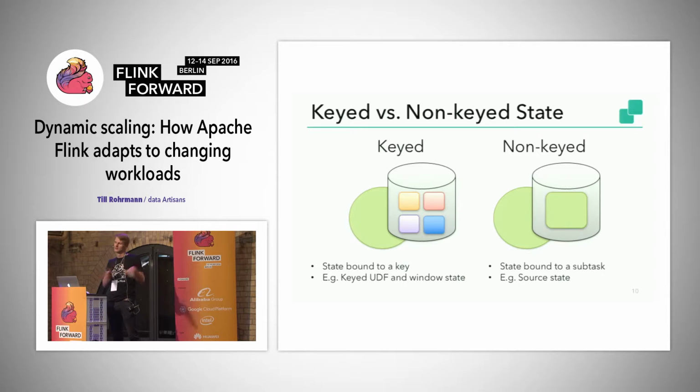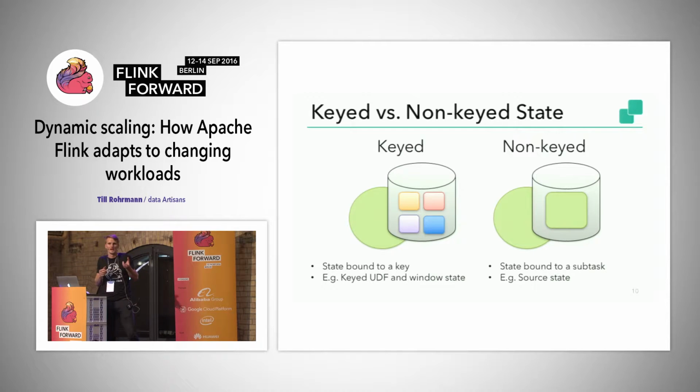On the one hand, we have the keyed state, which is basically a state value which is associated to a key value, which is extracted from a stream record by a key selector function, which is specified in a Flink topology by the keyBy operator.